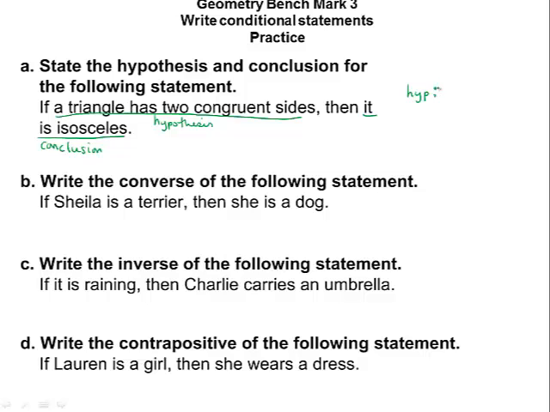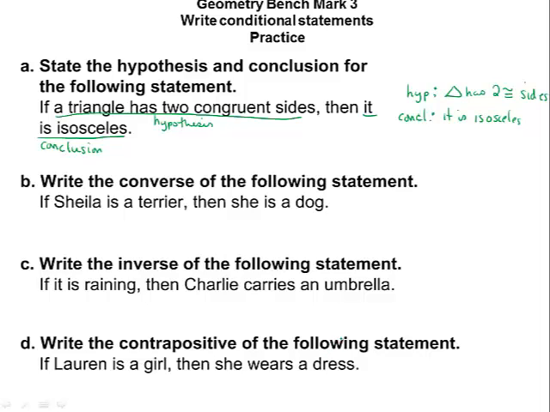You can do hypothesis, and you can say triangle has two congruent sides. See, that's the beauty of geometry. We use symbols, and you don't have to write long sentences. And then the conclusion, it is isosceles. So you can do it that way.